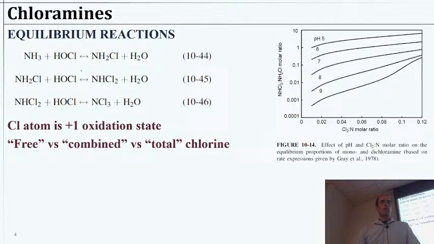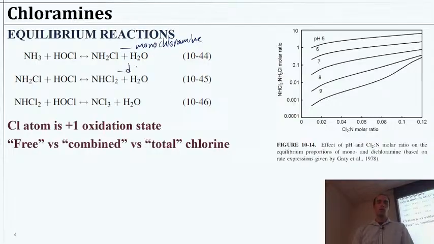So the deal is, if we have ammonia, NH3, it'll react with our free chlorine, HOCl, and give us monochloramine. Then this monochloramine will be in equilibrium with more free chlorine to give us dichloramine.